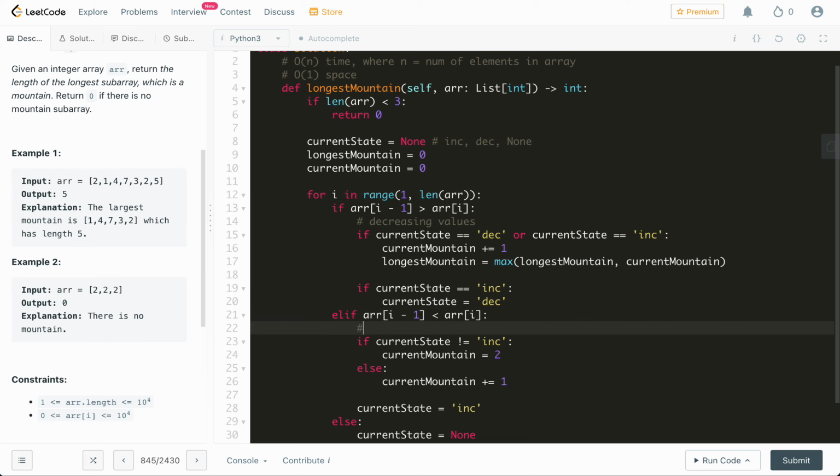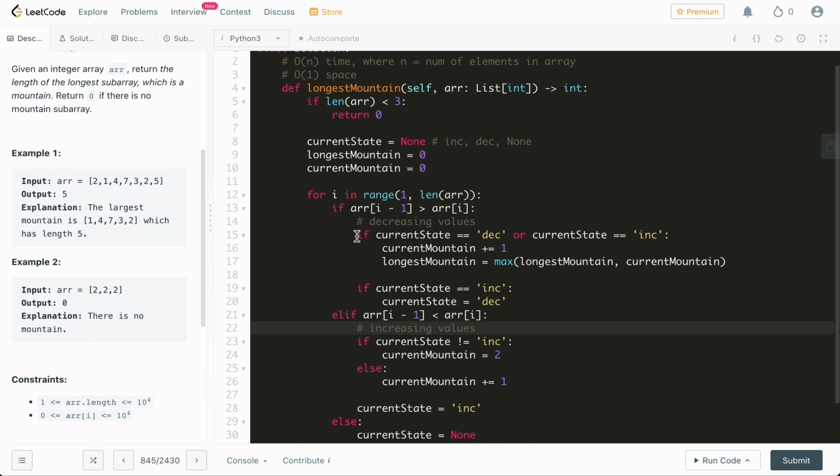And then we're going to be here, and so we would have, if it's less than, so 10 is less than 20, that means if we went from 10 to 20, we are increasing. So this is increasing values.